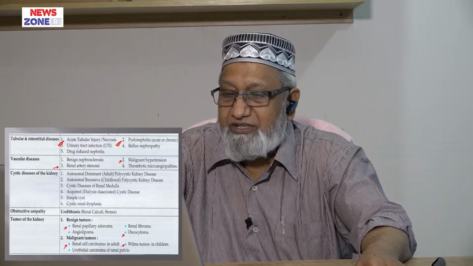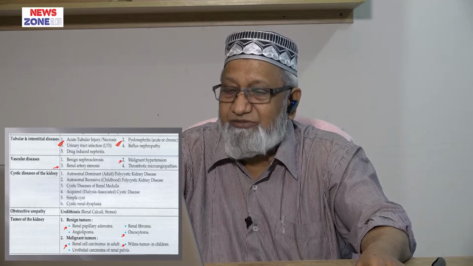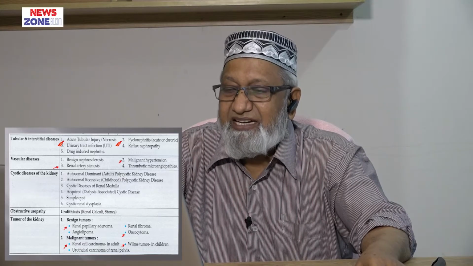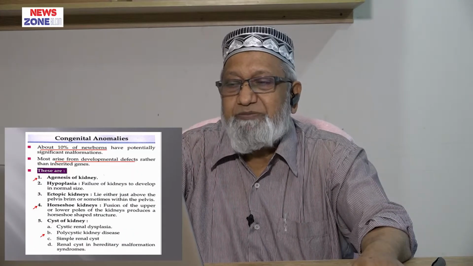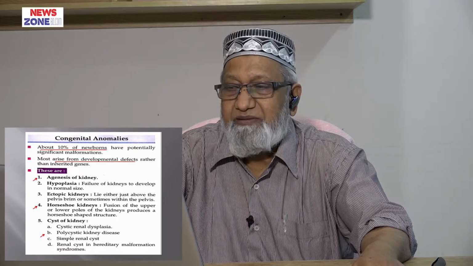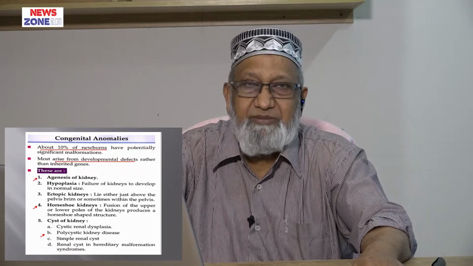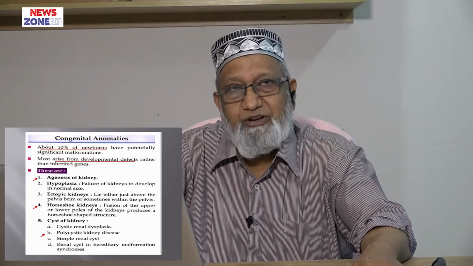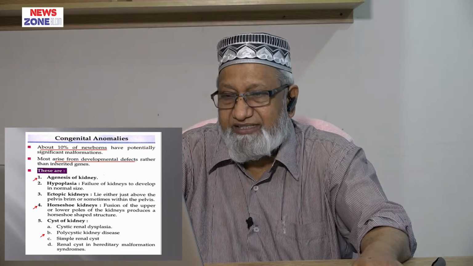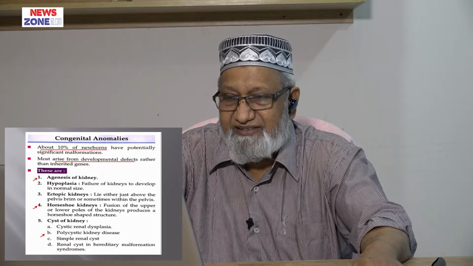But in case of children, it is a Wilms tumor. In other words, we call it a nephroblastoma. And urothelial carcinoma of the renal pelvis is not uncommon. Among the congenital anomalies, about 10% of newborns have potentially significant malformations, and most arise from developmental defects rather than inherited genes.